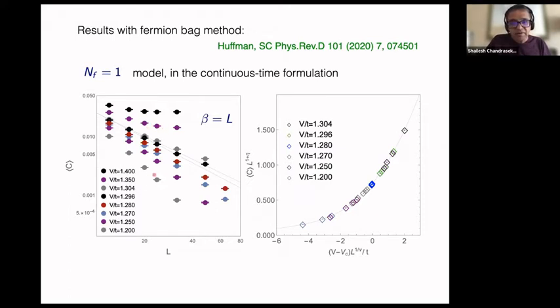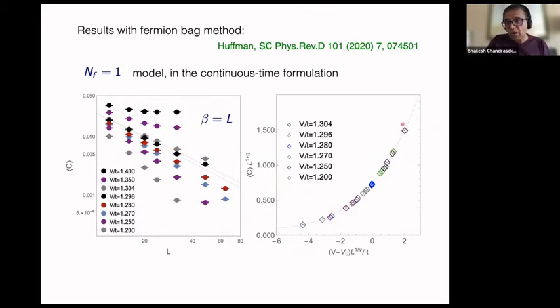And for small alpha or small V's, we get a free fermion theory, and that's where it starts going down like a power of 1 by L to the power 4, right? And then at some intermediate temperatures, intermediate couplings V, you get some kind of an interesting power law. And from that, we can actually explore critical behavior.